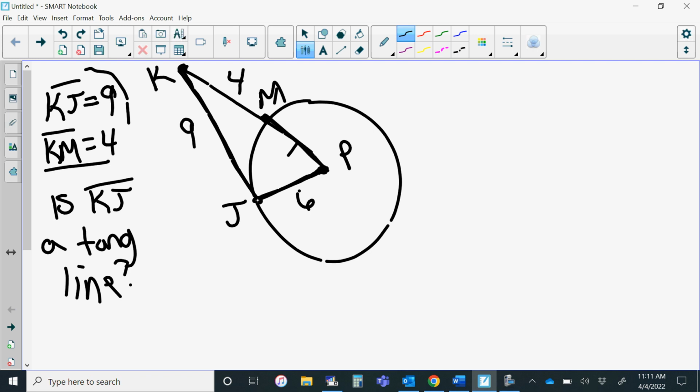And since we know this is 6, we know this has to be 6. Do you understand? And what does that mean the length of KP has to be then? That is called the segment addition postulate that allows us to do that. Way back in like chapter 2. Maybe chapter 1, you're right.